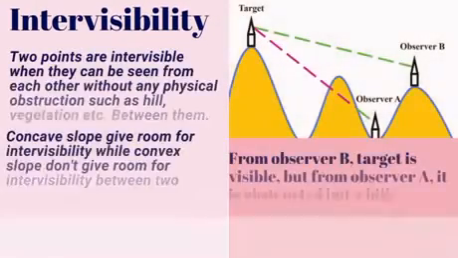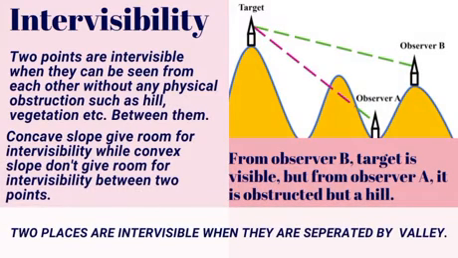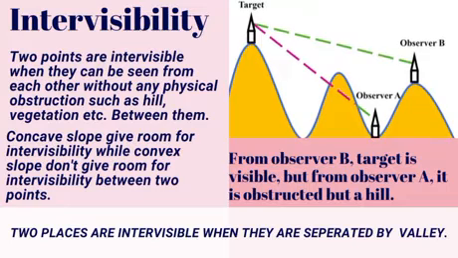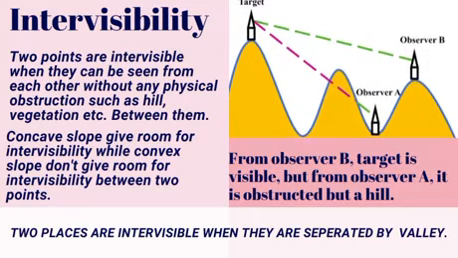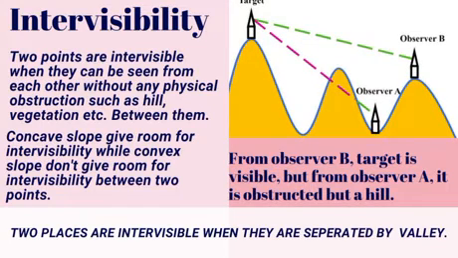Now, moving to intervisibility. The intervisibility of two places is the ability to view from point A to point B with no obstruction in between, and this can only be seen when there is a valley between the two points of observation.